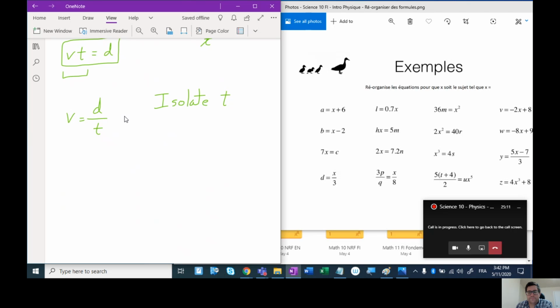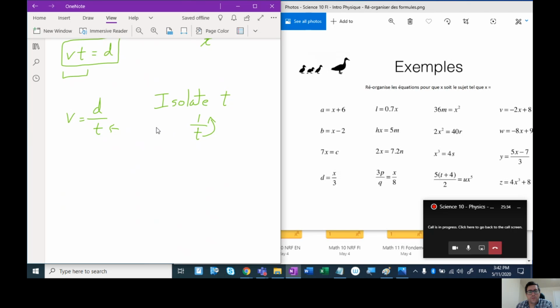We're going to say that having T under here is bad because we don't want the answer to be 1 over T. We don't want T here. We want T on top. So how do you bring T on top?